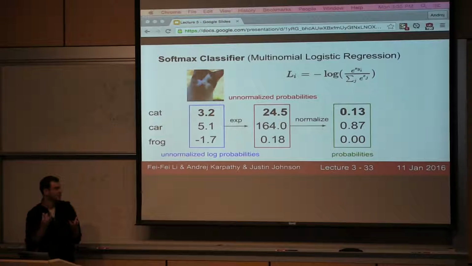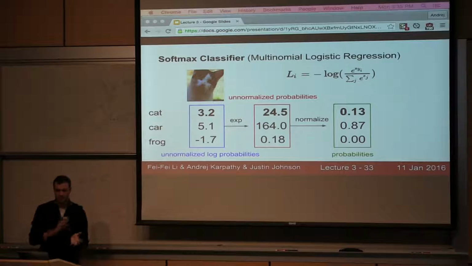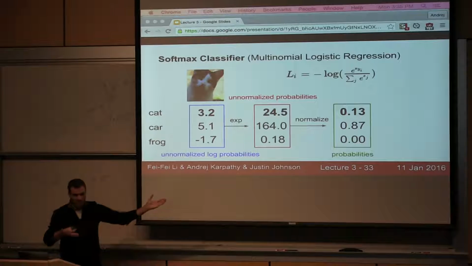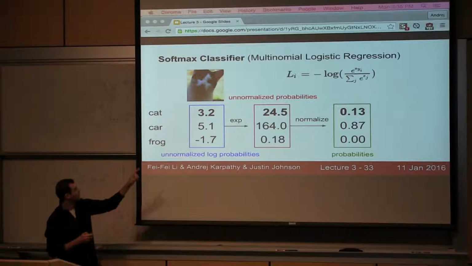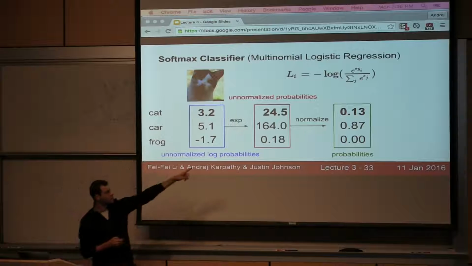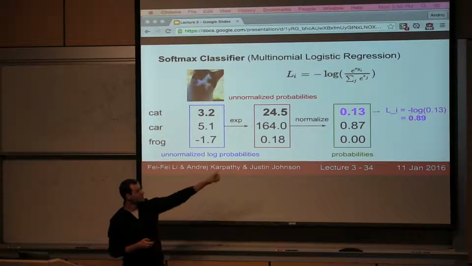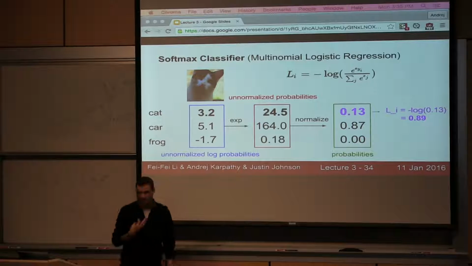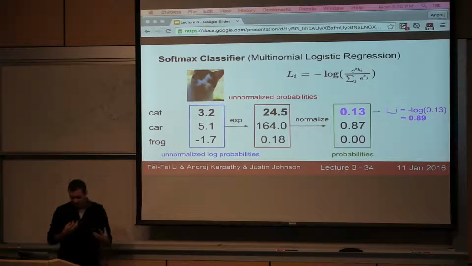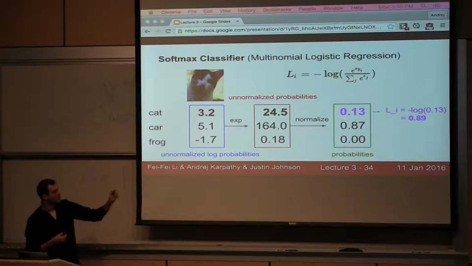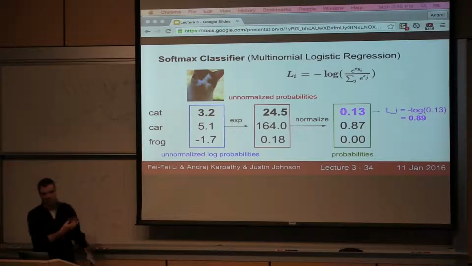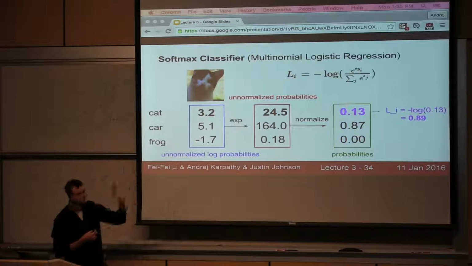So normally you see maximizing log probabilities, and so we want to minimize the negative log probability. The correct class here is cat, which only has a 13% chance under this interpretation. So negative log of 0.13 gives us 0.89. That's the final loss that we would achieve for this example under this interpretation of a softmax classifier. So 0.89 for softmax.